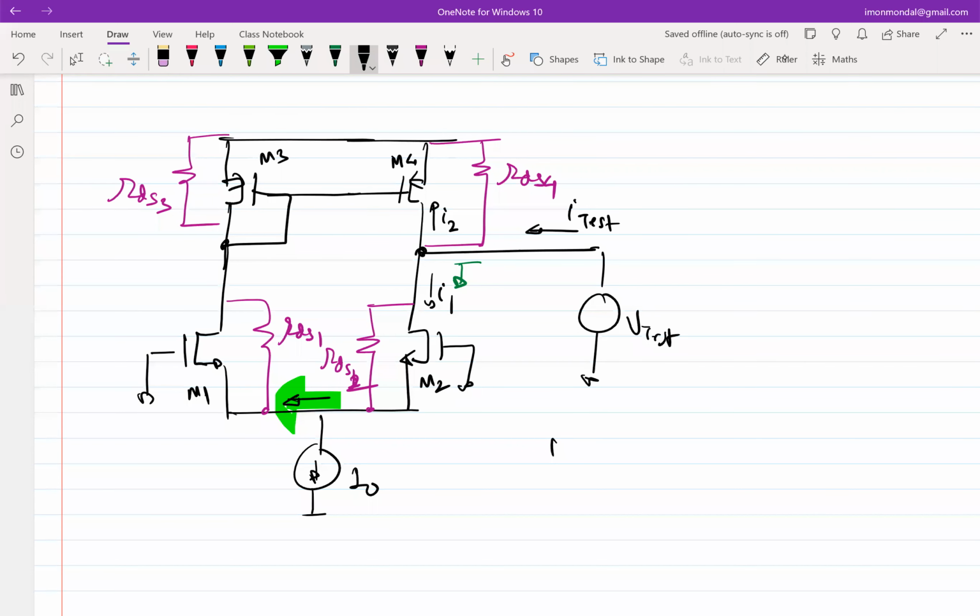If you have to find out the exact expression, whatever is connected, what is the impedance looking up from here? Right? So impedance looking up from there is RDS3 parallel 1 over GM3, which is approximately 1 over GM3. Right?